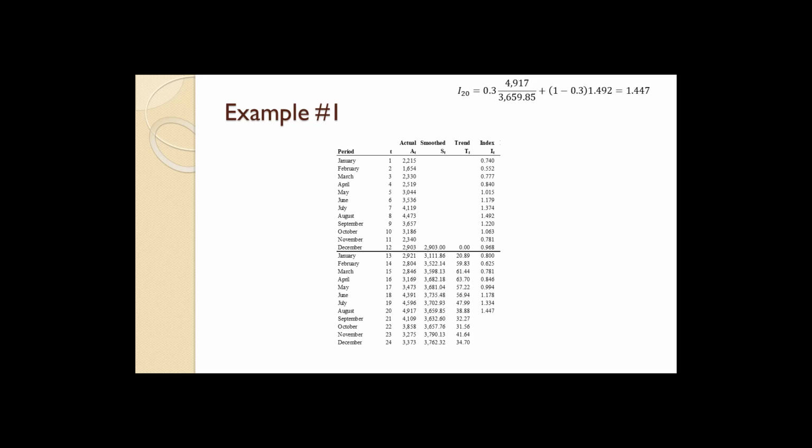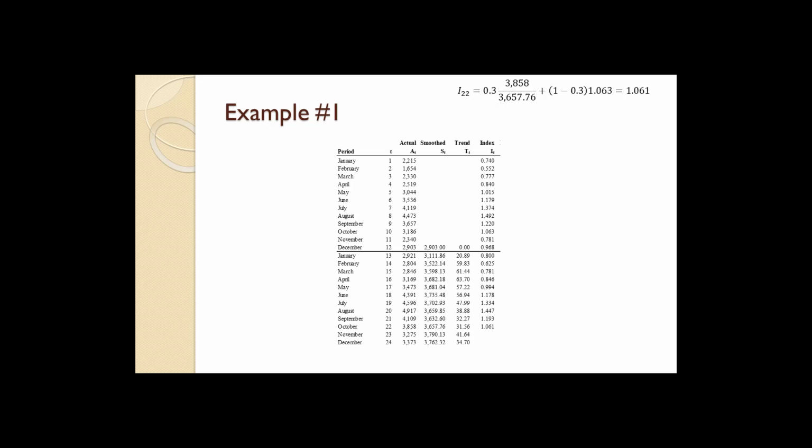The index for August, I sub 20 equals 0.3 times 4,917 divided by 3,659.85 plus 1 minus 0.3 times 1.492 equals 1.447. The index for September, I sub 21, equals 0.3 times 4,109 divided by 3,632.6 plus 1 minus 0.3 times 1.220 equals 1.193.